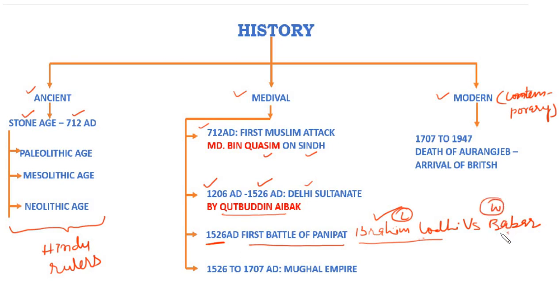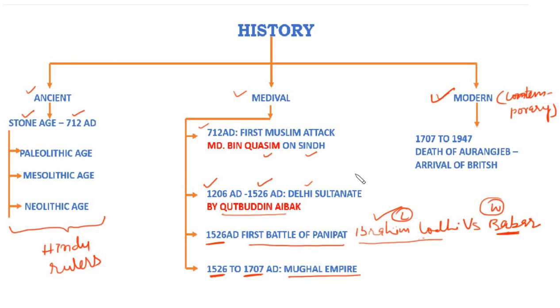After winning the battle, he established in 1526 the Delhi Sultanate. Not Delhi Sultanate, sorry, it's the Mughal Empire. And from 1526 to 1707, the mighty Mughals ruled India, and it was the Mughal Empire. After 1707, we take it as modern history. Now, what happened in 1707 that the time fully changed?